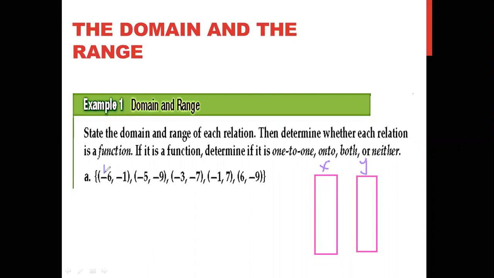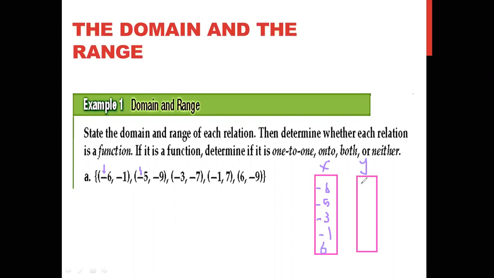The first coordinate, as you know, represents the x coordinates. We'll write here directly -6. Here -6. Here is -5. Here is -3, -1, and 6.